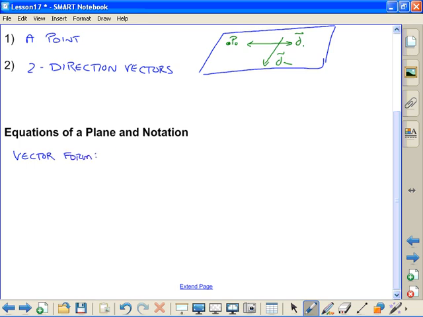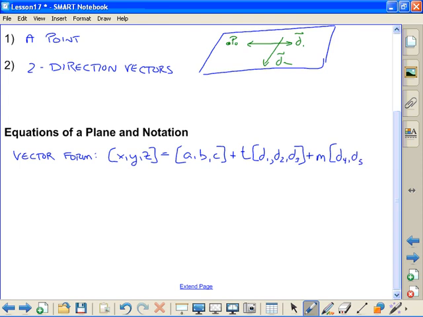Vector form: x, y, z equals our point a, b, c plus our first direction vector d1, d2, d3, and now we have a second direction vector. Let's pick an m here, and I'll go with d4, d5, d6. All right, so there's our vector form.